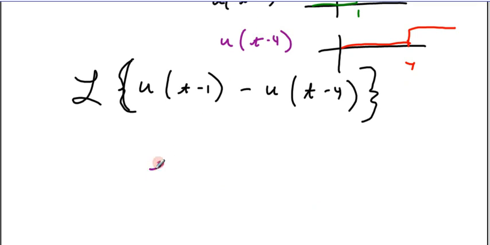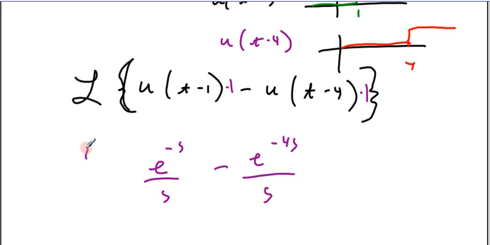That's e to the minus s over s, because this is that guy. I have a unit guy sitting here. See this? 1 times 1 sitting there, times 1 sitting there, and the Laplace transform of that 1 is 1 over s, minus e to the minus 4s over s. Final answer. That's all there is, right? No more.